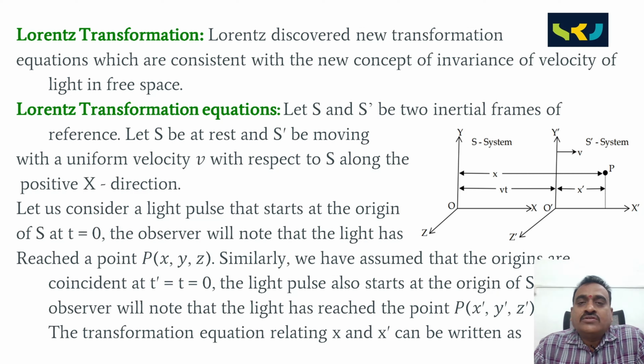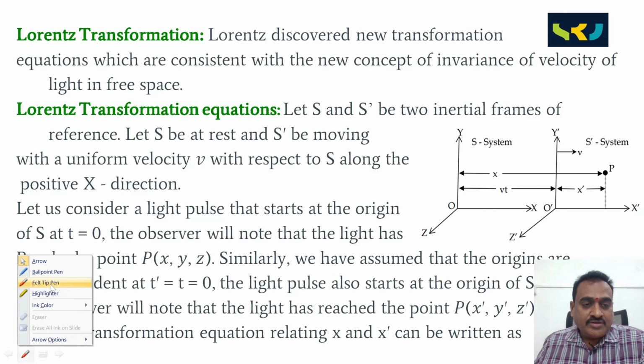Depending on the failures of the Galilean transformation, Lorentz gave new transformation equations x dash, y dash, z dash and t dash. You can see the Lorentz transformation equations here on the screen.